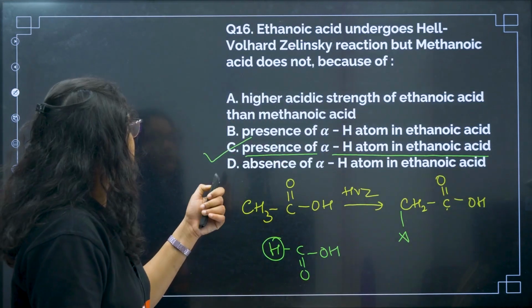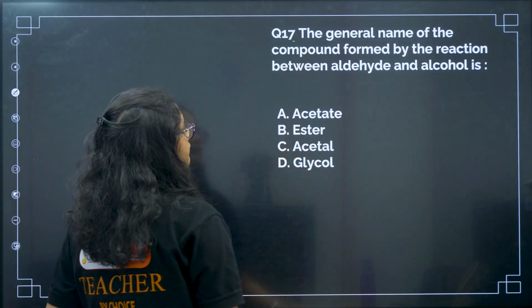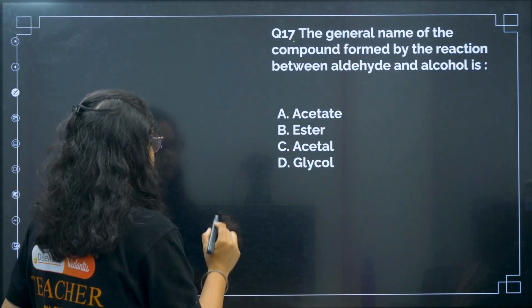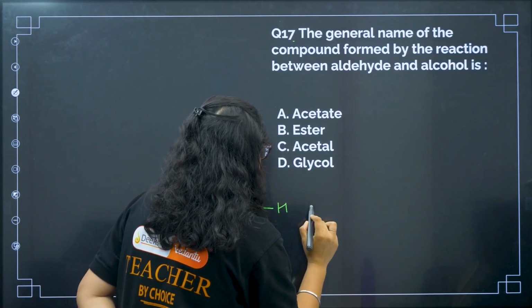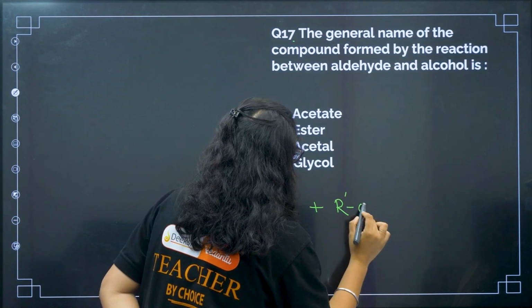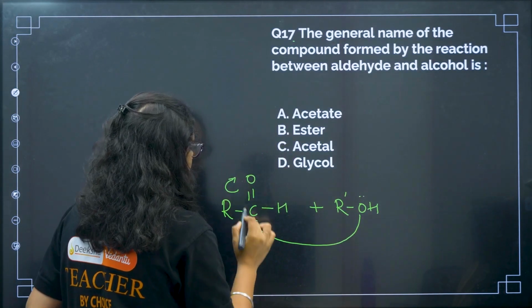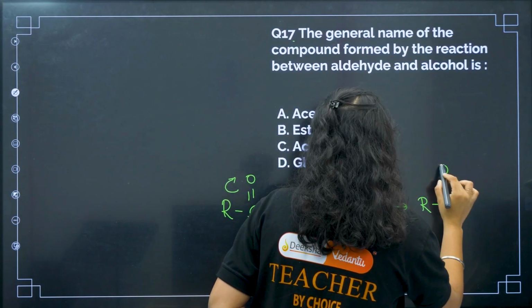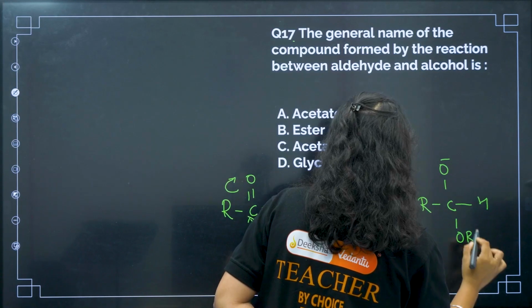Okay. Now coming to question number 17: the general name of the compound formed by the reaction between aldehyde and alcohol. So if you have an aldehyde, suppose RCHO, and an alcohol R-OH, then this one will react here, this one will go here. So what will it form? R-CH with OH and OR.